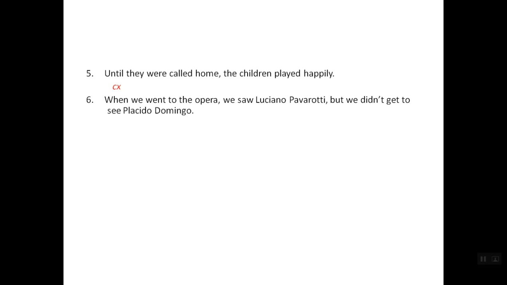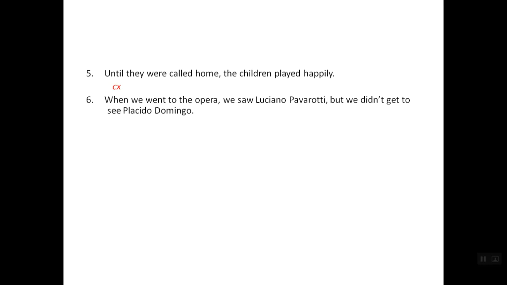Of course, it's dependent. Try to say it alone. When we went to the opera. So this is a dependent clause. You need something to complete the meaning, right? So we have one dependent.